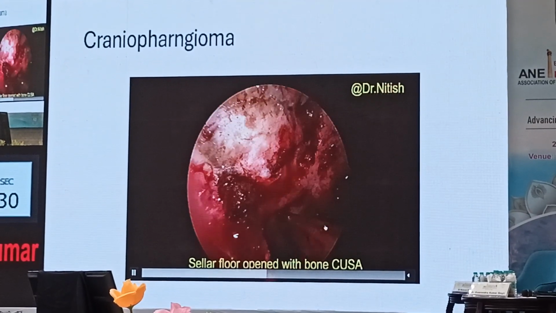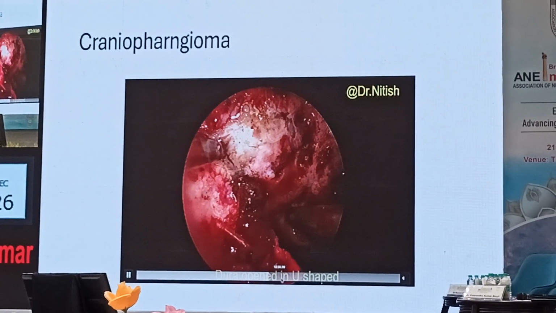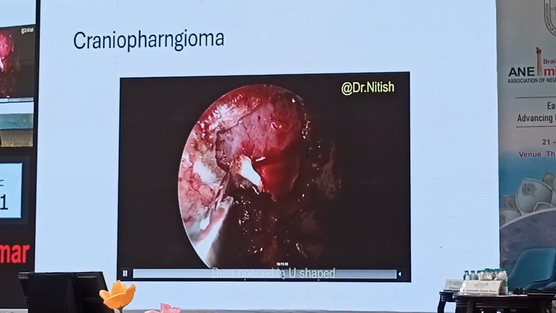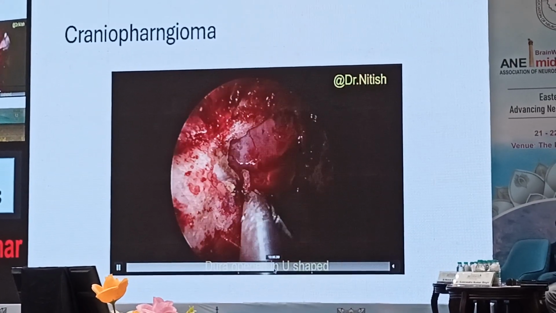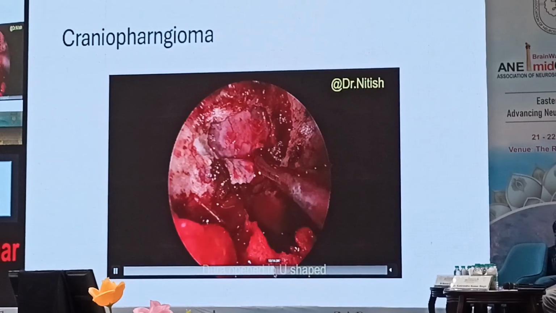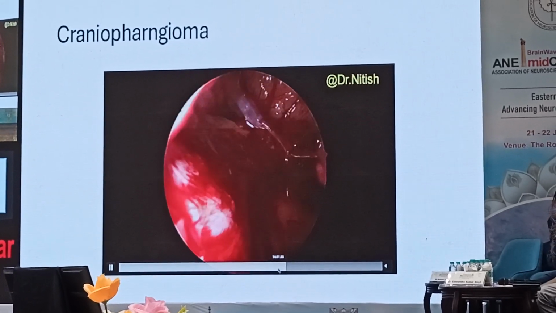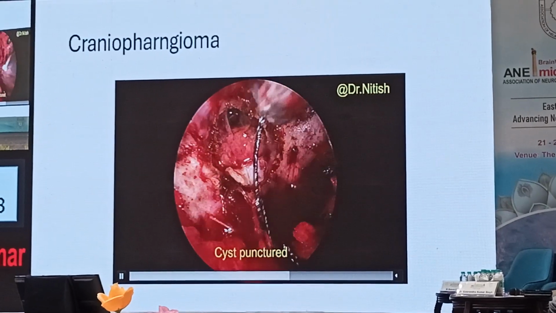So this was the sellar floor that was removed. So again, the dura is opened. The pituitary gland is mobilized down and the tumor is punctured. You can see the cyst fluid coming out once it is punctured.